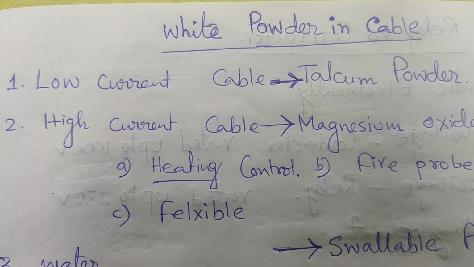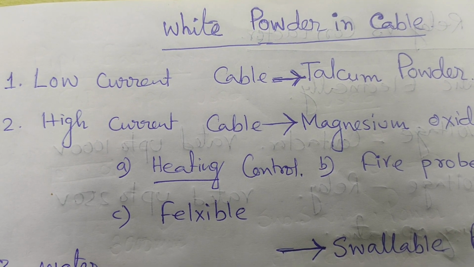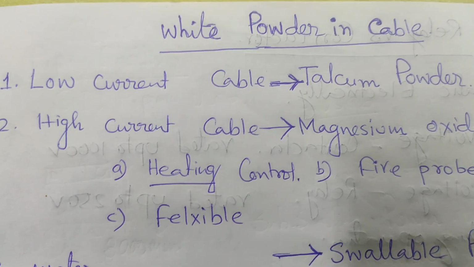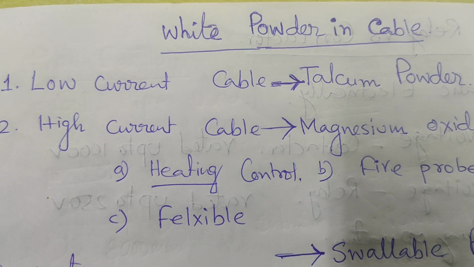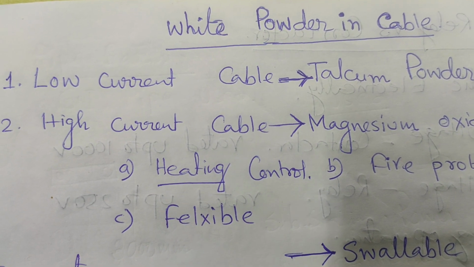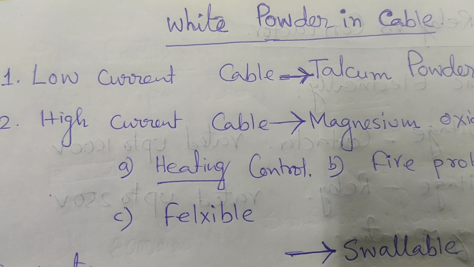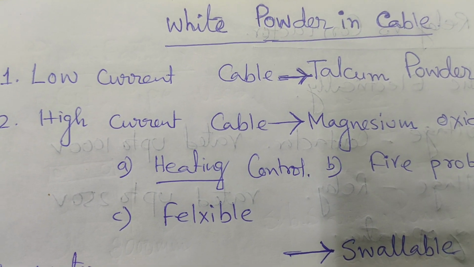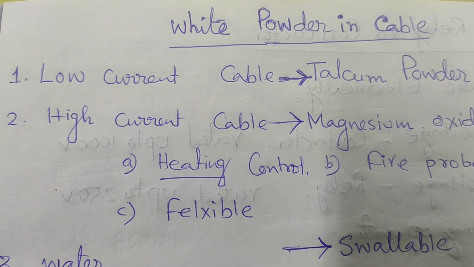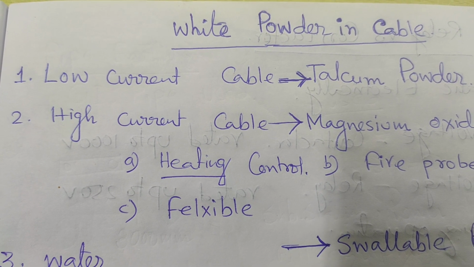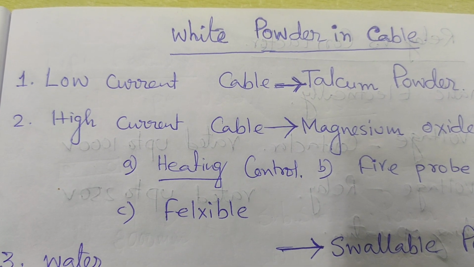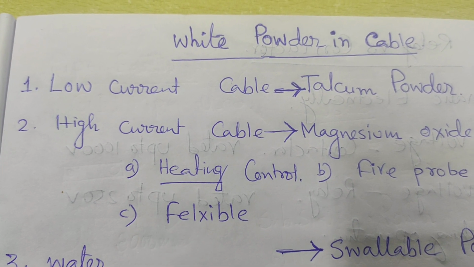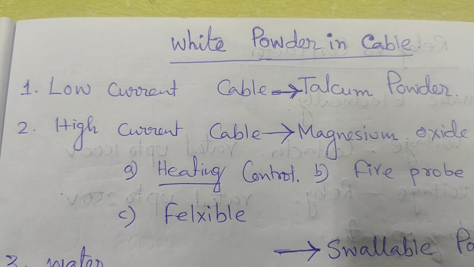Today my discussing topic is about why the white powder has been used inside the cable layers. Different types of powders have been used in between the different layers of the cables.